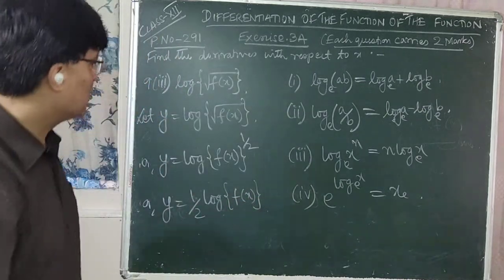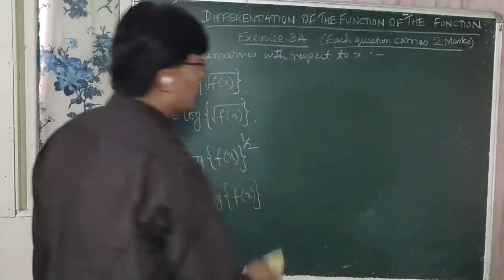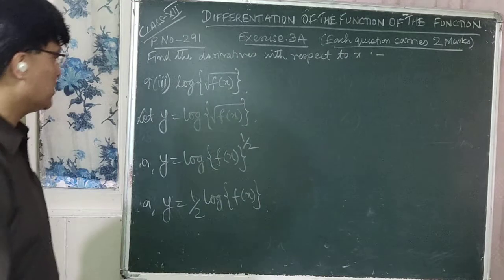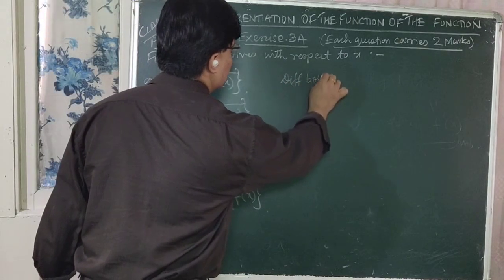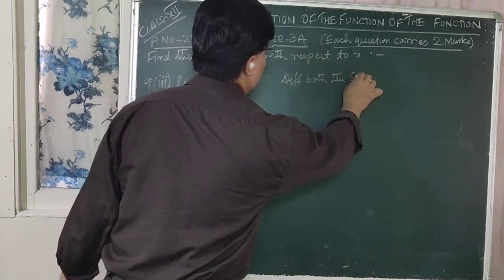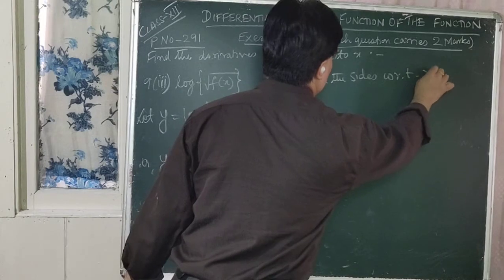Okay? So let's do the differentiation now. Now we have to find dy by dx, right? So differentiating both the sides with respect to x.